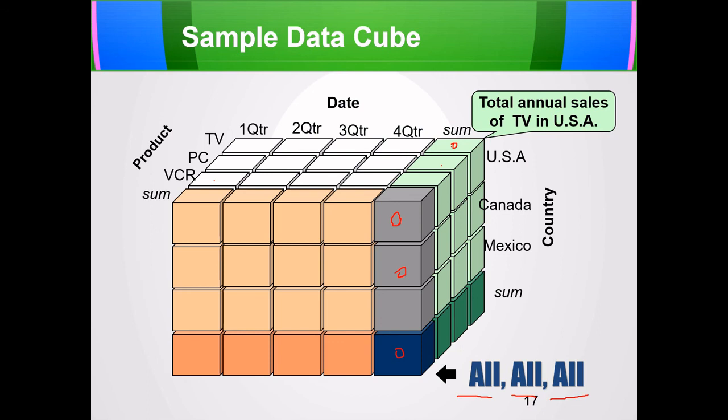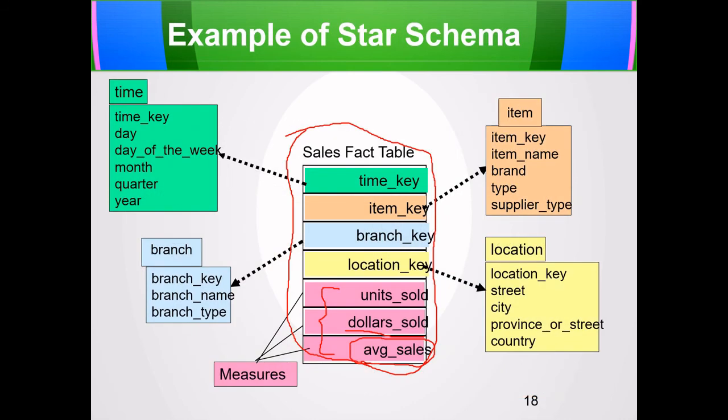This cell will contain the annual sale of all the products in the USA. This cell will contain the annual sale of all the products in Canada, and so on. And this will contain all the summarized data for all the products, for all the quarters, and for all the countries, right? This is the total, like the 2D example we discussed here. So this cube will have the summarized data that you can take for the analysis. Hope you are clear with this.